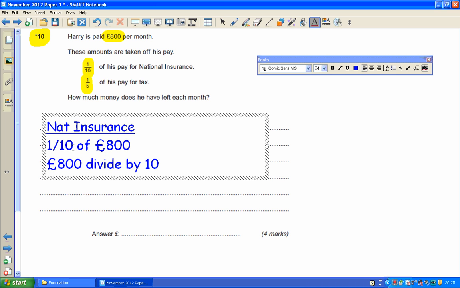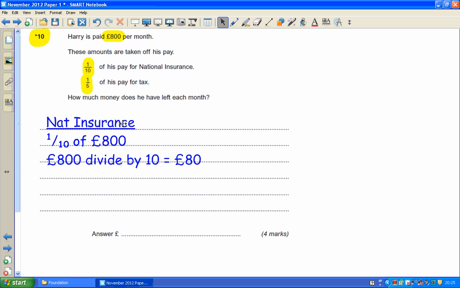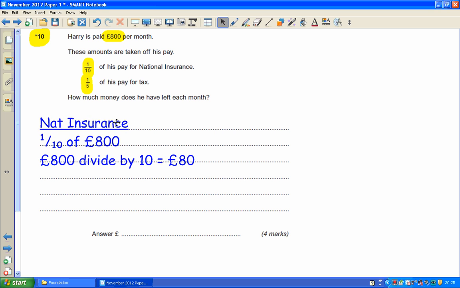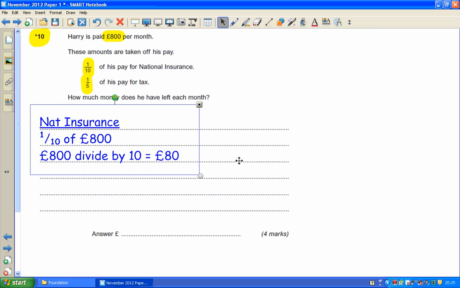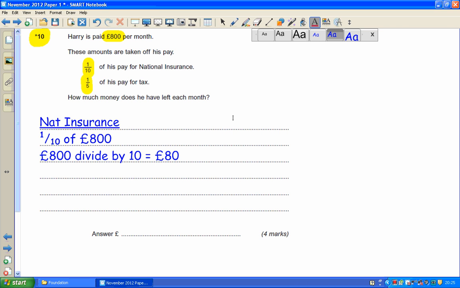Whenever you're working out a fraction of an amount, you divide by the number that's on the bottom. So 800 divided by 10 is 80 quid. So that's the national insurance, and then we have to do the tax.